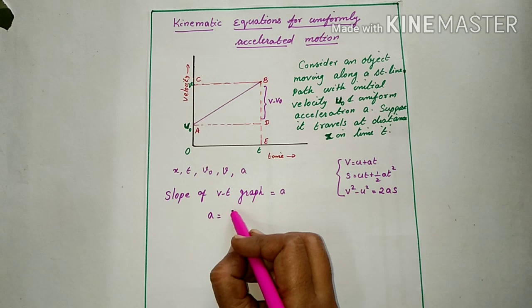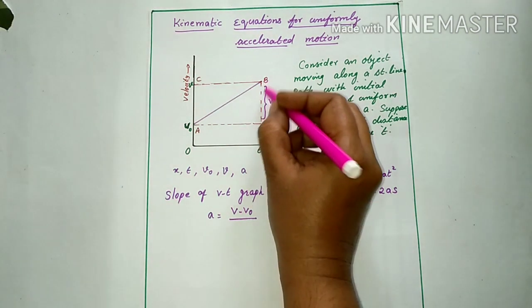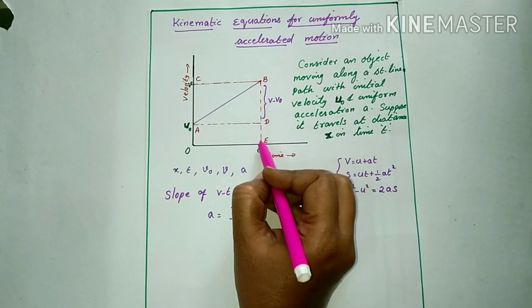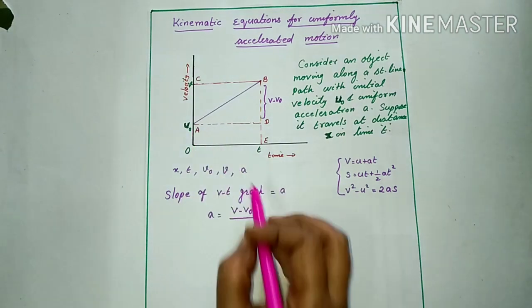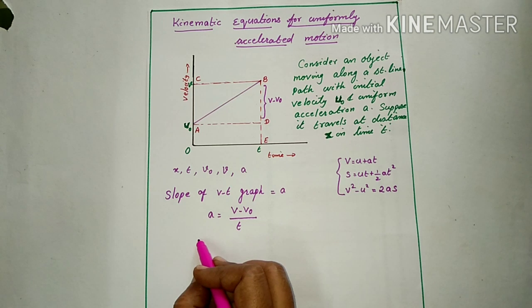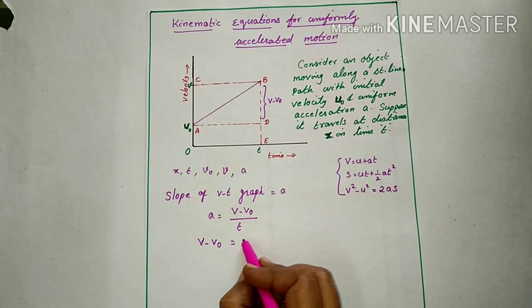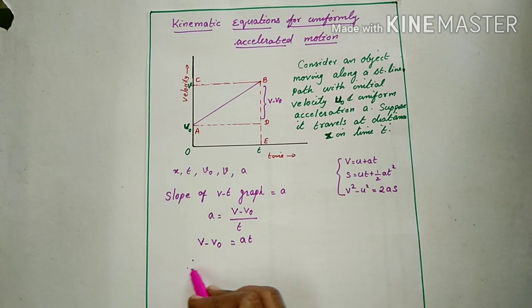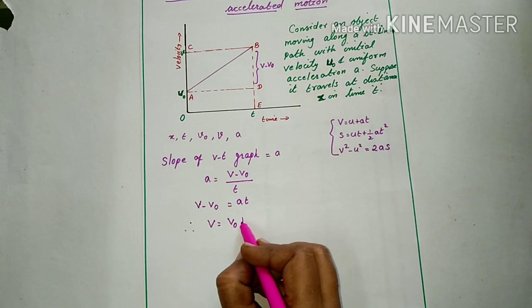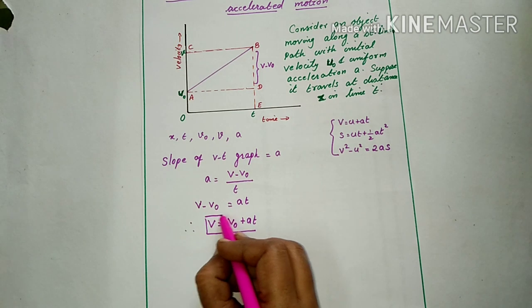So acceleration a equals v minus v0, that is change in velocity, divided by the time interval. What is the time interval here? That is t minus 0, so we can write t. Then by cross multiplication, we can write v minus v0 equal to at. Therefore v equal to v0 plus at. So this relation is the first kinematic equation.